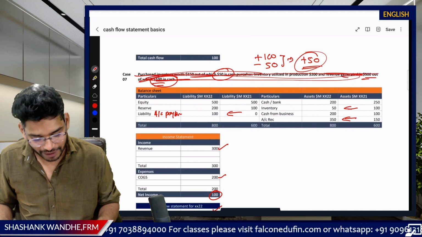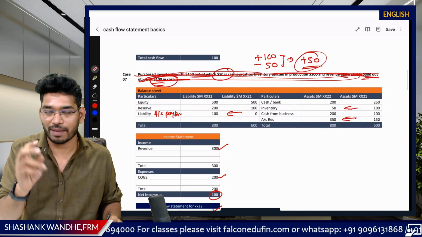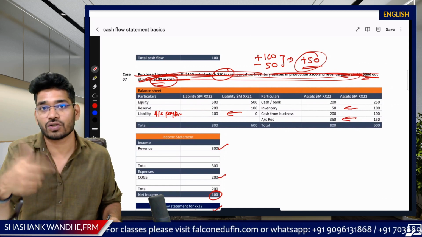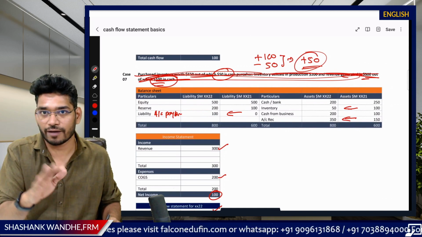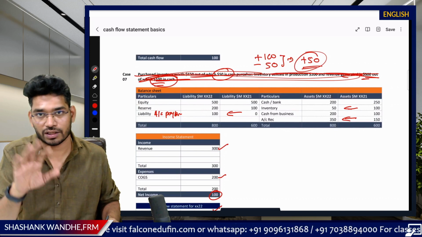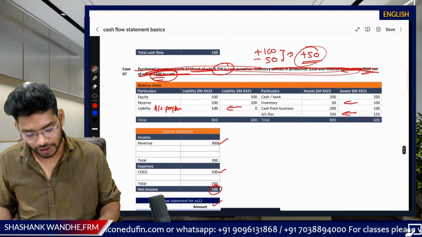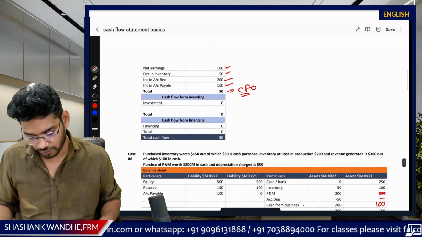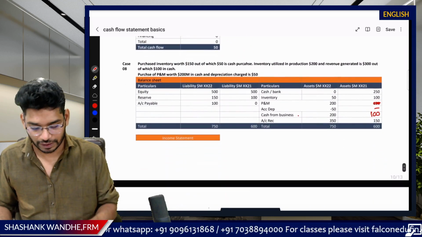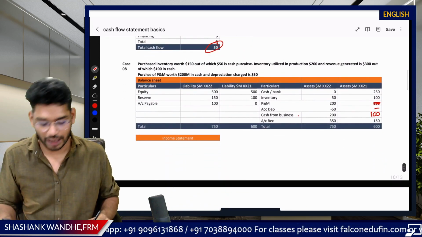Mainly you'll be provided with the balance sheet, so you have to look for the change in the balance sheet and then simply take the income statement. So you have to work on CFO in the indirect method using the balance sheet and the income statement only, right? So we know 50 is our cash inflow, and even in the cash flow statement we are seeing that 50 is our cash inflow.